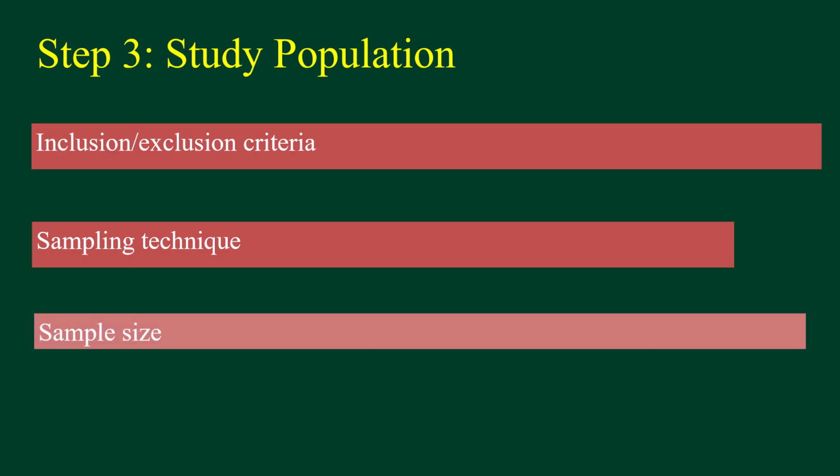Then sample size is also very important, and its justification. How did you calculate your sample size? Whether through power analysis or previous studies' formula, software could be used to calculate sample size.